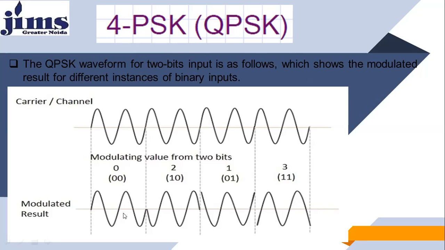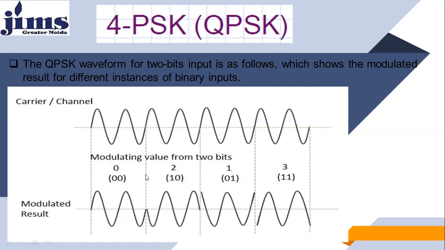How is that possible? This is possible if this high frequency signal, which you call a carrier, changes its phase according to the symbol 1, 2, 3 or 4, or you must say 0, 1, 2, 3, right?